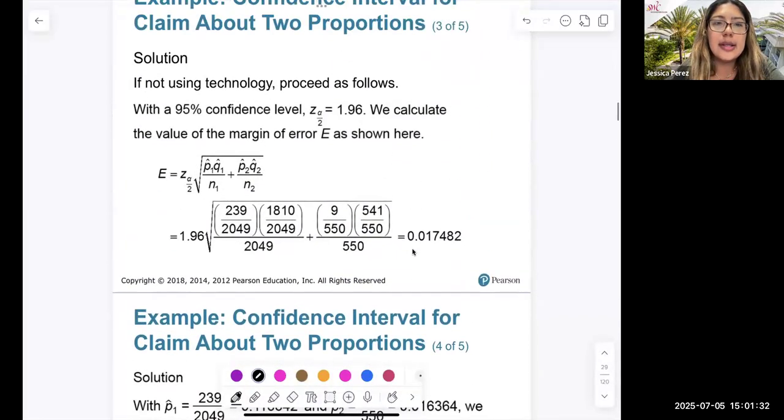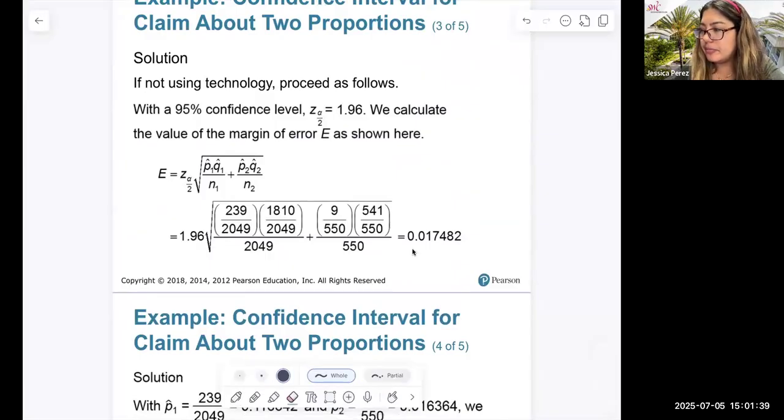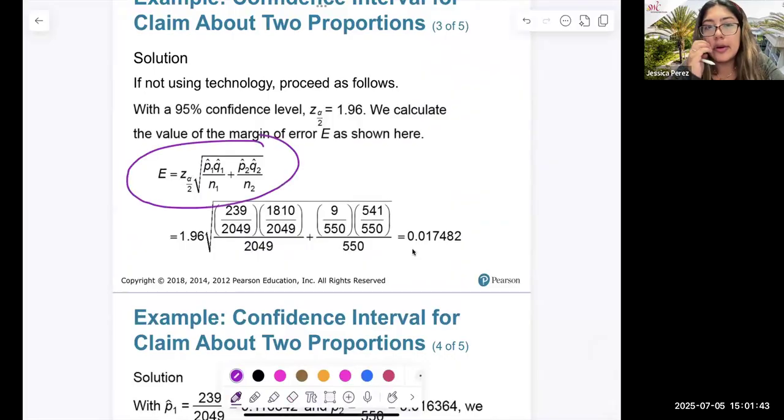So they went ahead and substituted Z of alpha over 2. They found the error. So we know that the critical score is 1.96. Then you substitute P1 hat, Q1 hat, there it is, P2 hat, Q2 hat. Remember we got this from the table.